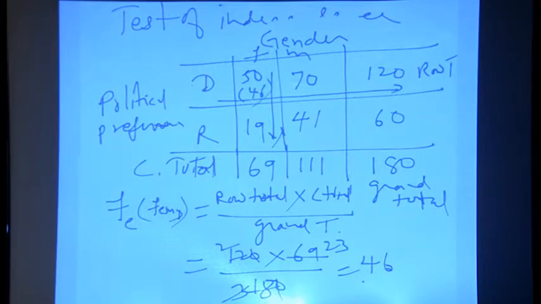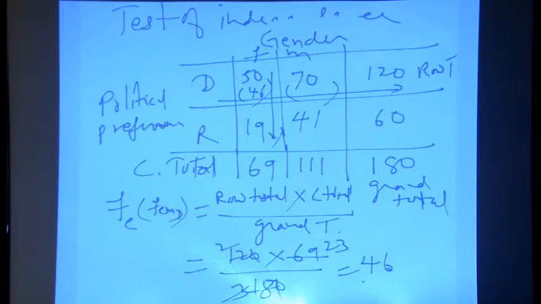If expected frequency is 46, what will be for male expected frequency? We do not have to calculate all this, we can straight away find 120 minus 46, and how much will that come to expected frequency?